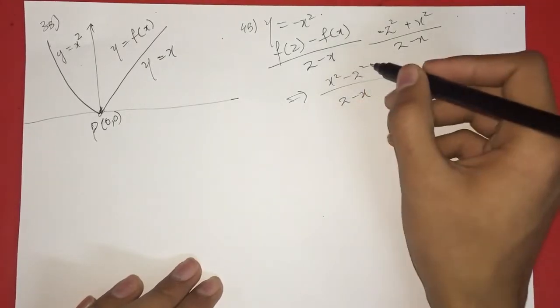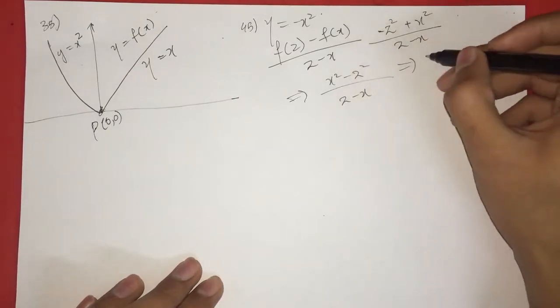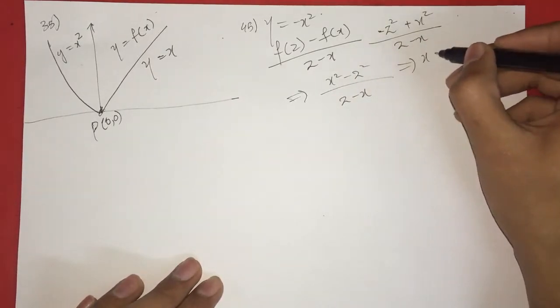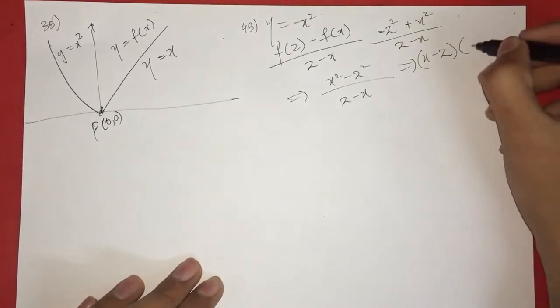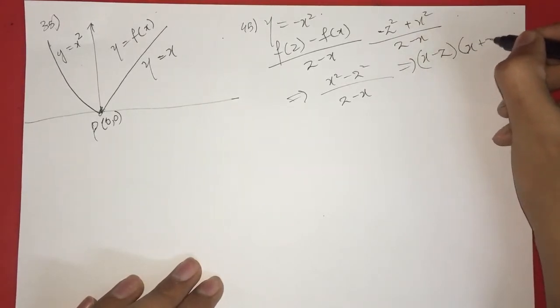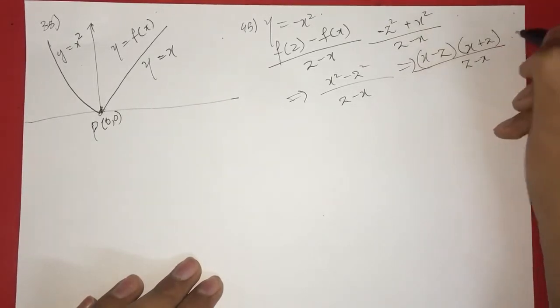So here, if we do this, a square minus b square equals a minus b times a plus b. So you have x plus z divided by z minus x.